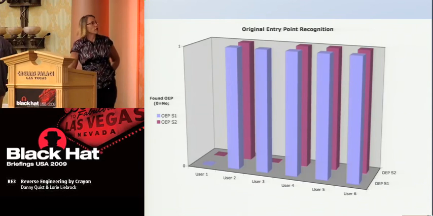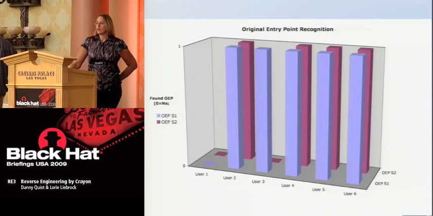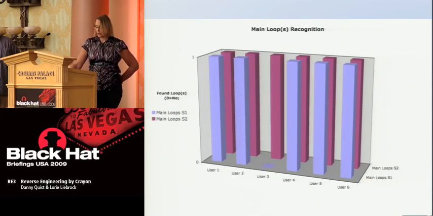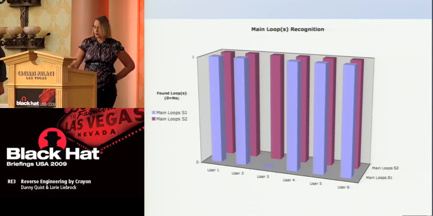So the first question is, did they or did they not find the original entry point? The two users that you see had a problem here with at least one version of the packed virus were the two new users who had never done reverse engineering before. Everyone else found the original entry points, and one of the new users actually found one of the entry points.